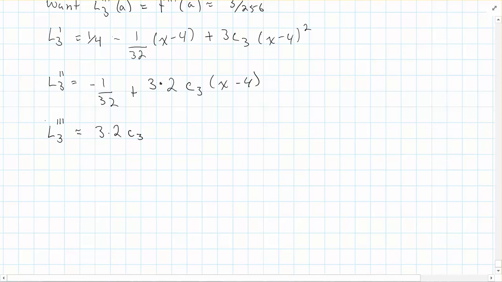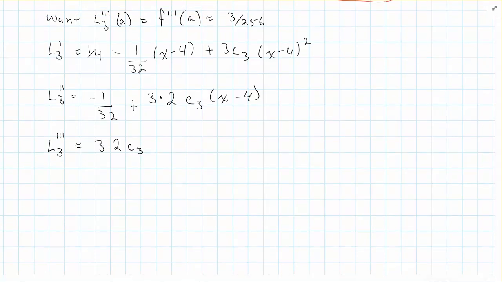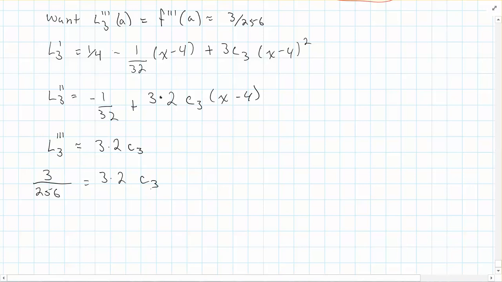And so we know that we want this triple prime to be 3 over 256. So we have 3 over 256 is equal to 3 times 2 C3. So C3 is going to be, and I know this could simplify, but I'm not going to do this, 3 over 3 times 2 times 256.